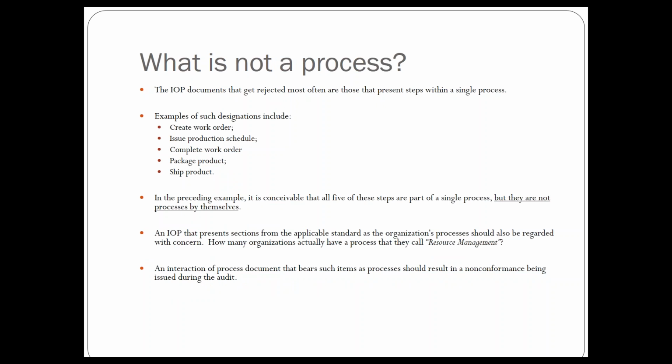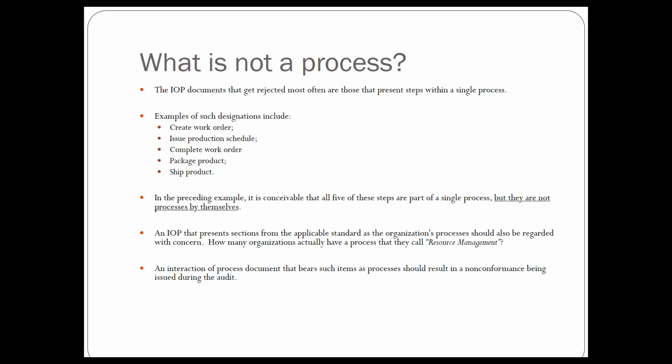Now, in terms of what is not a process, again, we do still see these from time to time where we have issues with clarifying what makes up a process. So the items that get rejected the most often are going to fall into a couple of categories. IOPs that identify single steps and present those steps as processes.